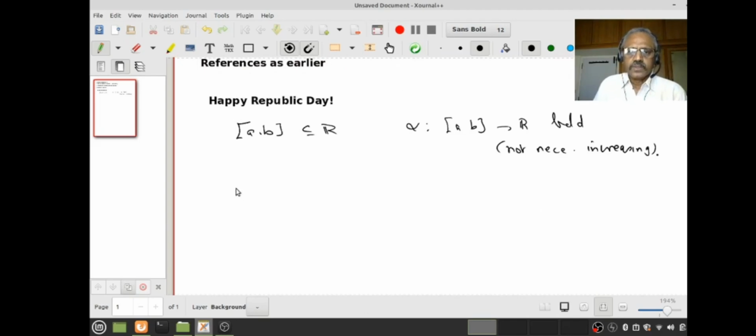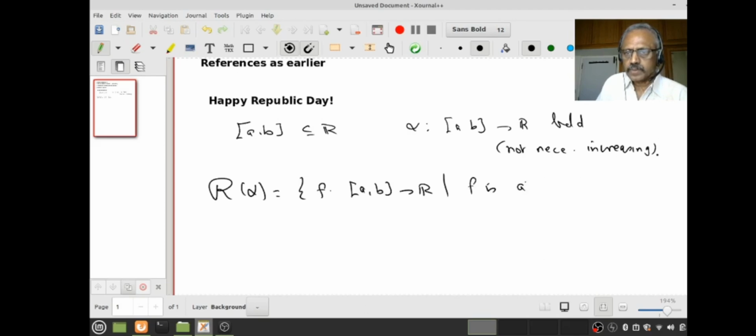We want to denote by R of alpha the set of all functions f from [a, b] to R such that f is alpha integrable. Notice that in particular f must be bounded also, and then the integral from a to b of f d alpha makes sense.